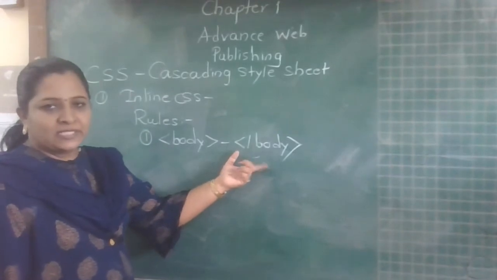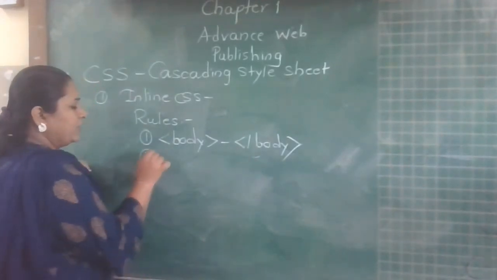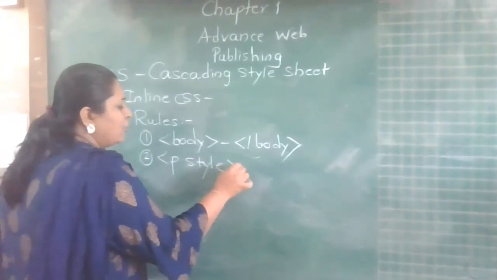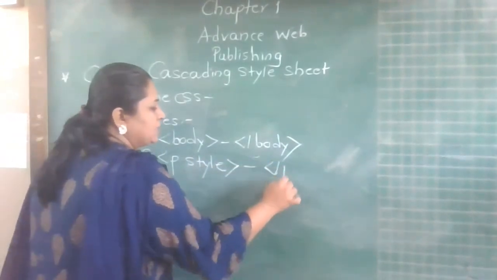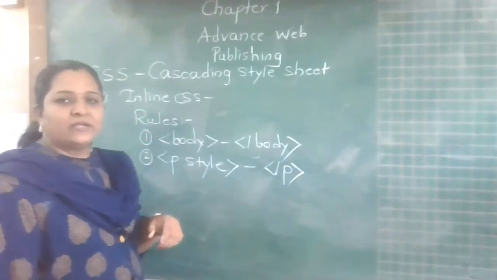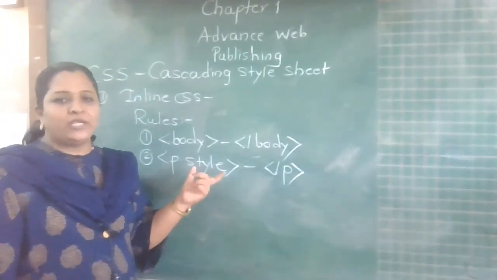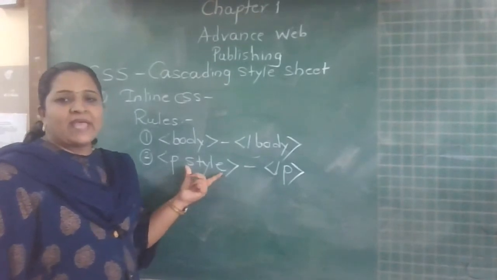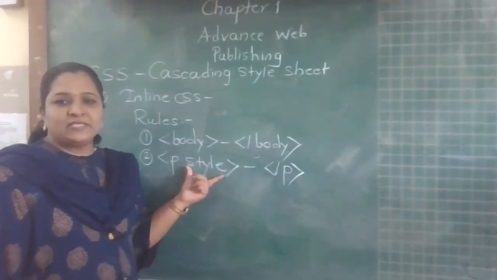The second rule is that the p style tag is used. Always you have to use a p style tag to write the different properties to the text. So p is known as a selector, and the style tag is used to apply the inline CSS.